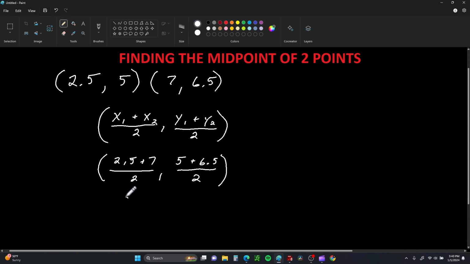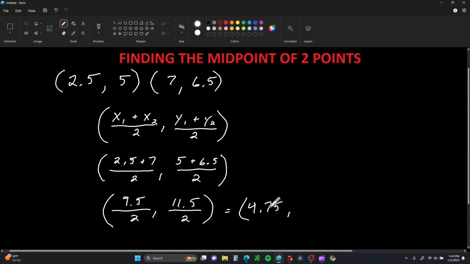So this becomes 9.5 divided by 2. And 11.5 divided by 2. So 9 divided by 2 is 4.5 plus a quarter, so it's 4.75, comma. And then 11 divided by 2 is 5.75.